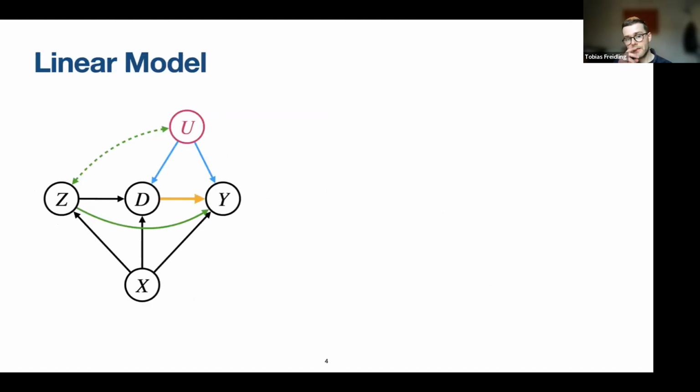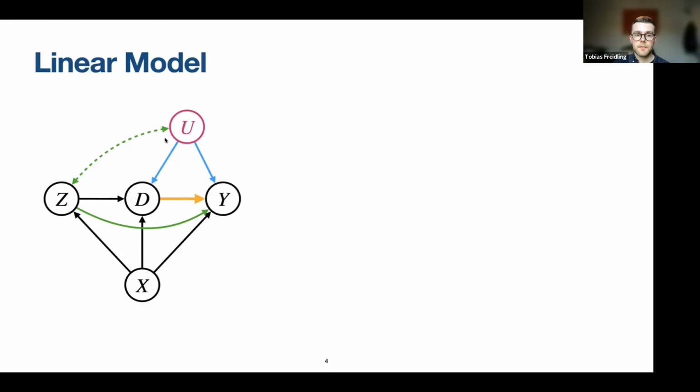The model that we're looking at is quite easy. We assume that all of the relationships are linear from here on, and we have a one-dimensional treatment D, one-dimensional outcome Y. We're interested in the causal effect of D on Y. We also have a couple of baseline covariates X and a one-dimensional potential instrument Z. We could also absorb this instrument into the covariates.